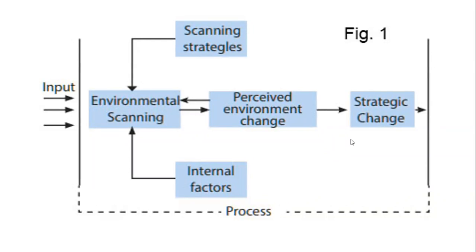That particular course of action or strategy which can help an organization to tide over this crisis is what we are going to look for in this environmental change. And finally, once we decide upon that, we move on to the strategic change. So this is how environmental scanning happens.